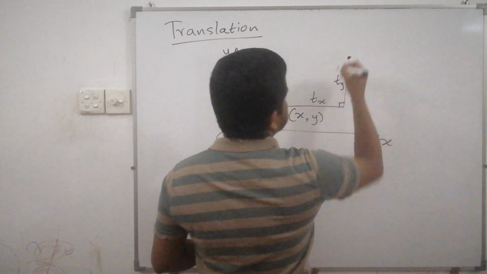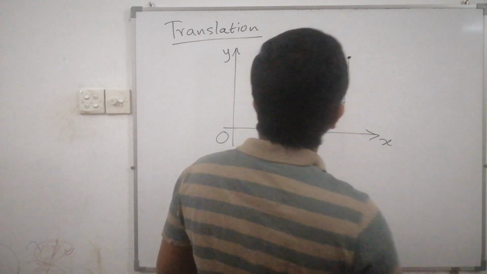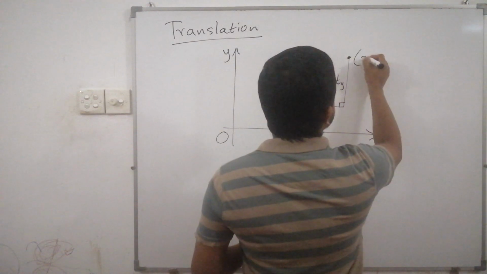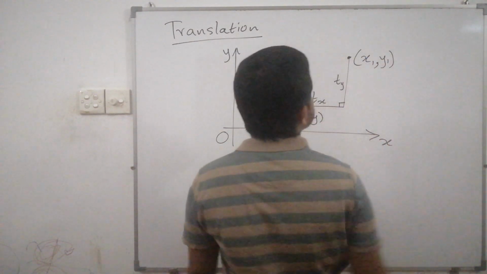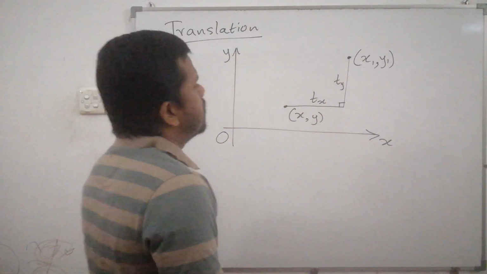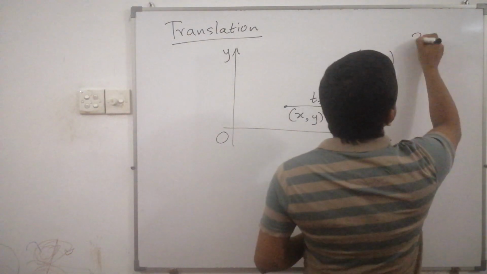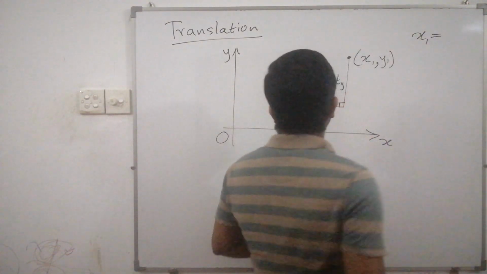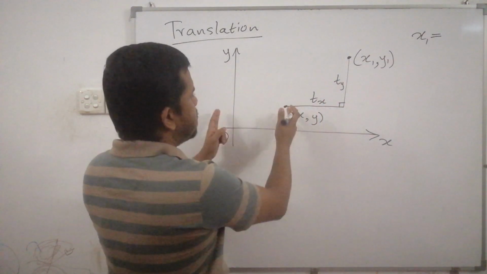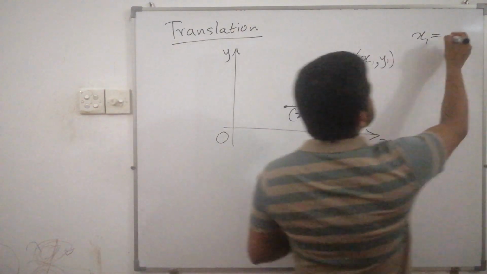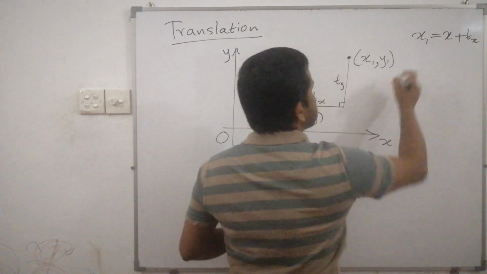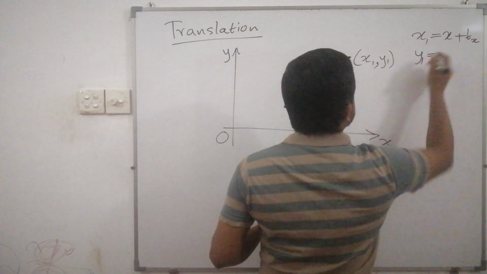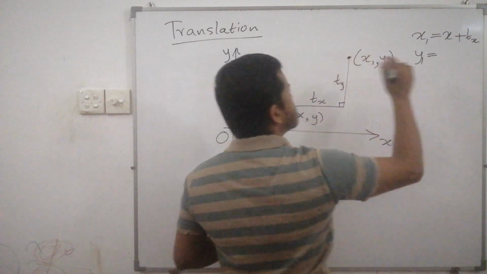Then we get this point. Say its coordinates are x1 comma y1. We can write down x1 equals x plus tx, y1 equals y plus ty.